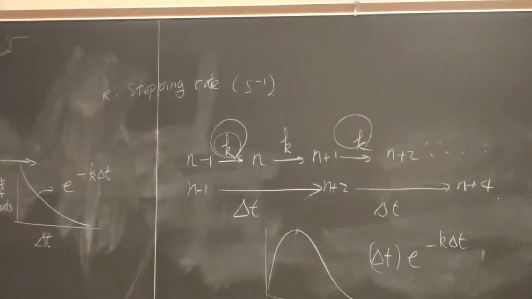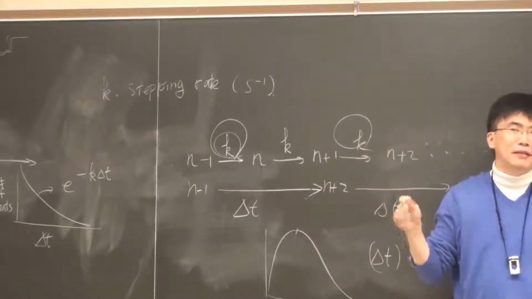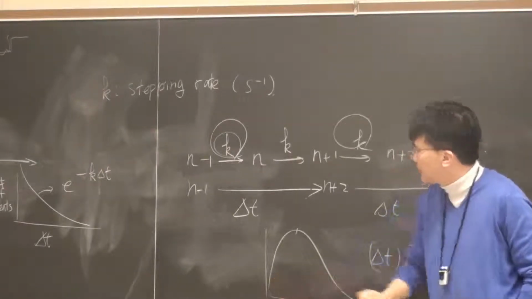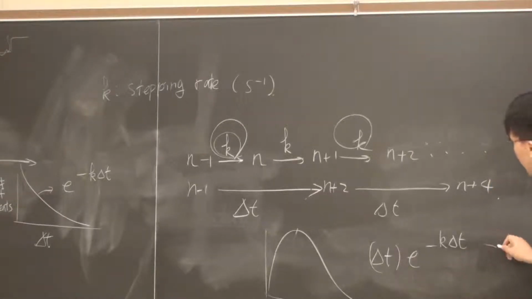That's because you cannot take two hidden steps simultaneously, right? Because they have to occur in succession. So the chance that they will happen simultaneously is very small, is 0. And that's why you get this function. This is generally called a gamma function, gamma distribution.